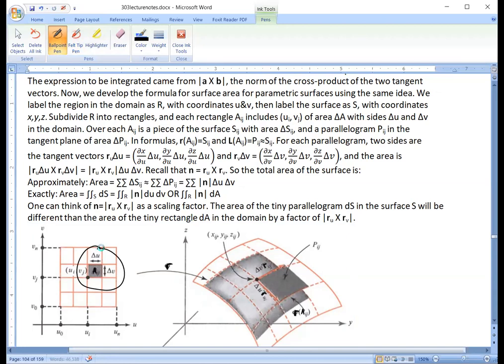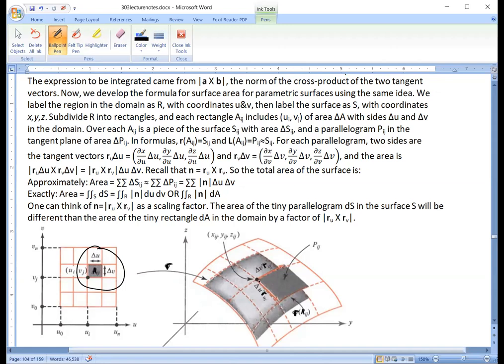We know that dr/du is going to point along one side, but it's scaled by the magnitude of delta u. Same thing on the other side. The direction is going to be dr/dv, but that's scaled by this magnitude, which we'll take to be small, of delta v. So those are your two tangent vectors.